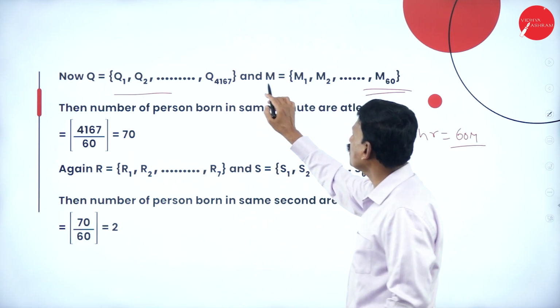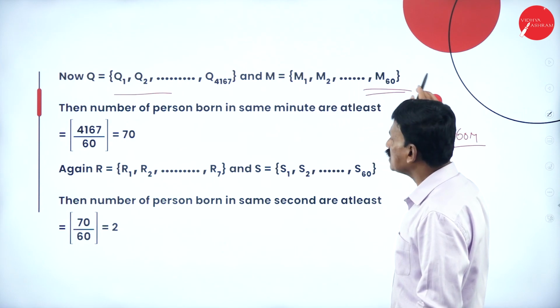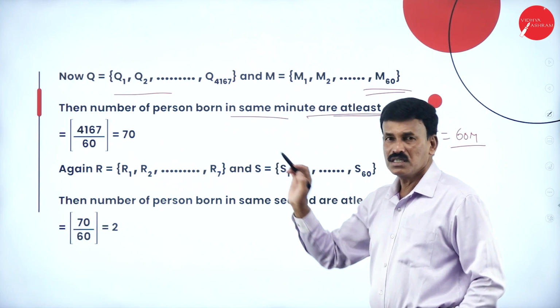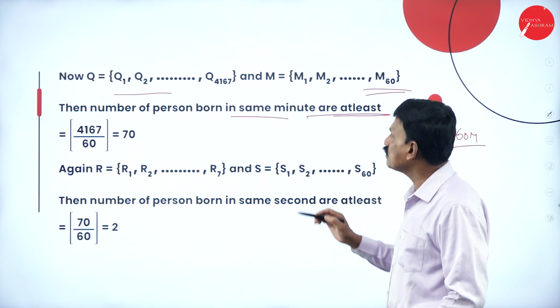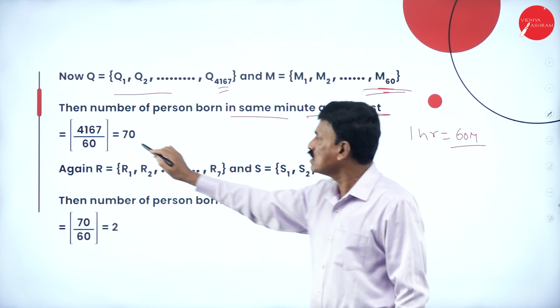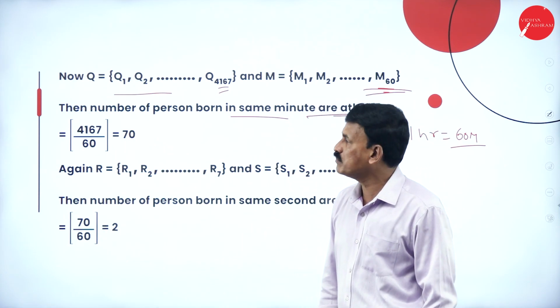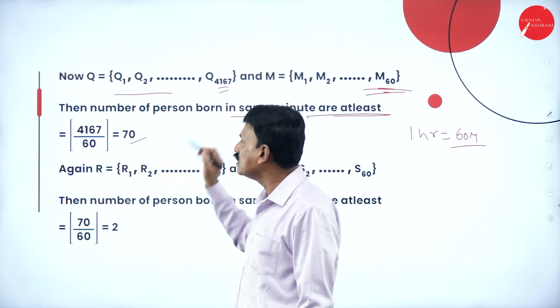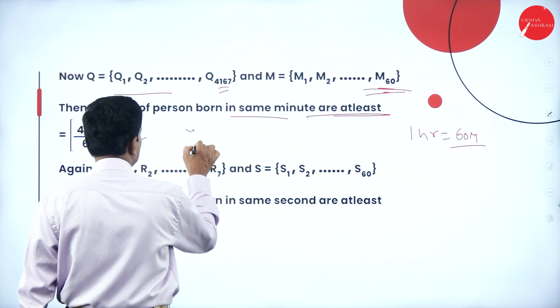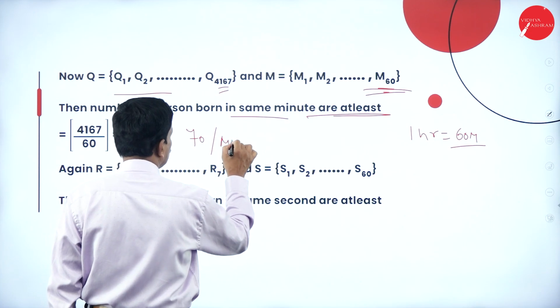So therefore per minute M1, M2, up to M60. Then the number of persons born in the same minute is 4167 divided by 60. That's it. 4167 divided by 60 will give 70. So 70 persons are born per minute.